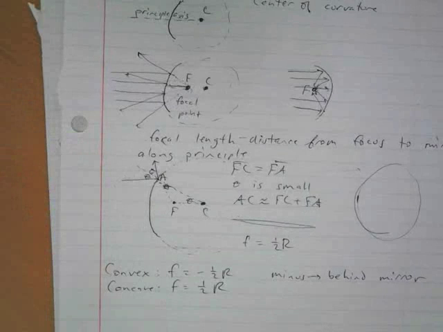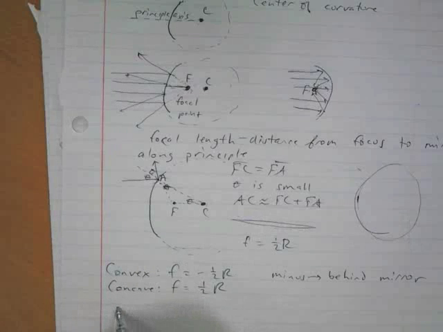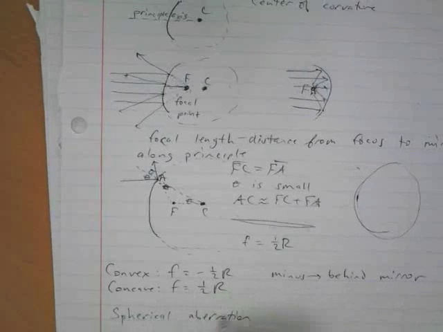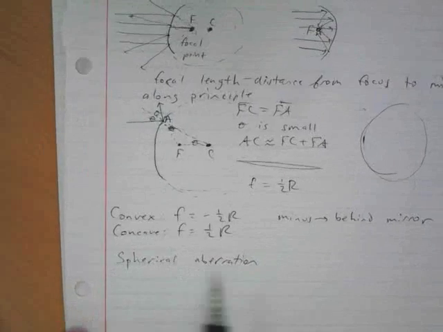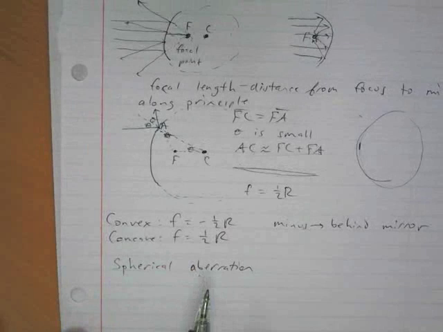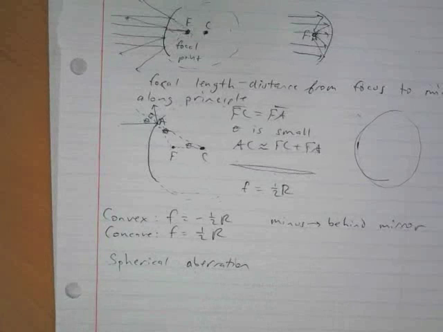Okay, and this is for small angles, so they don't quite converge as you go further out. This is called spherical aberration: for a spherical mirror, as you get further and further from the principal axis, images that are reflected get more and more distorted and blurry.